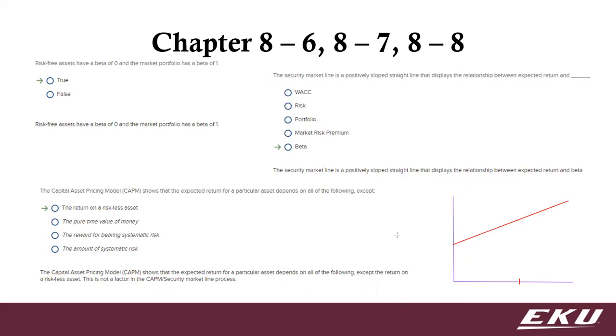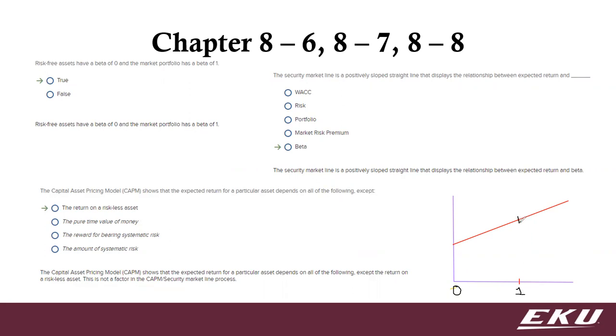There's going to be some risk free, so this is a beta of 0, and this is a beta of 1.